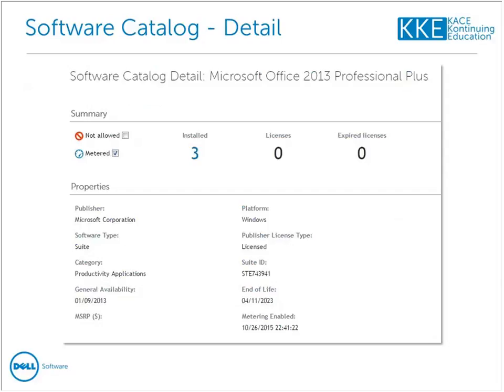You can see down below we've got a good amount of information pre-filled in: publisher and platform, the type of software, the category, and new features in 6.4 include the general availability, end of life, and MSRP. This particular one doesn't seem to have an MSRP, but several others I looked at, around 2010, have MSRP. Obviously, this will be updated over time.